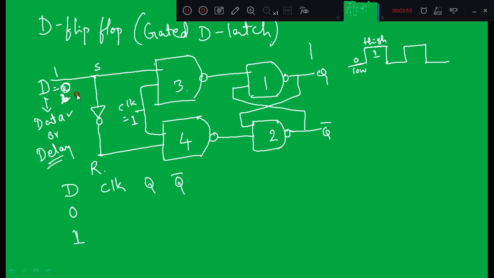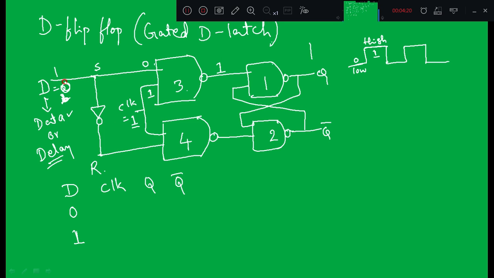So we'll apply the input D equal to 0, and the control input equal to 1. After applying this control input, what happens here? Since D is 0, this input will become 0, and the clock is 1, so this input will become 1. So 0 NAND 1, the output of the third NAND gate, will be equal to 1, because one of the inputs is 0.